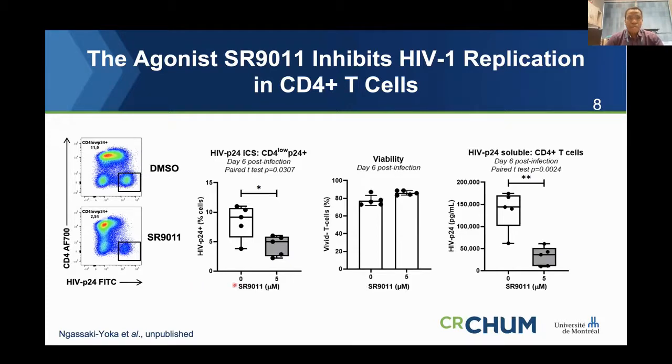We found that this agonist decreased HIV replication, as reflected here by reducing the percentage of HIV P24 positive cells quantified by FACS and decreased viral particles in cell culture supernatant quantified by ELISA.